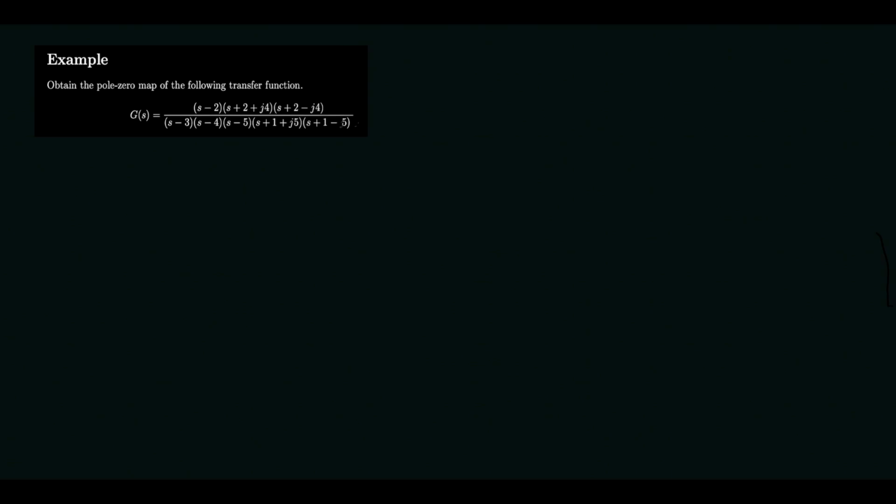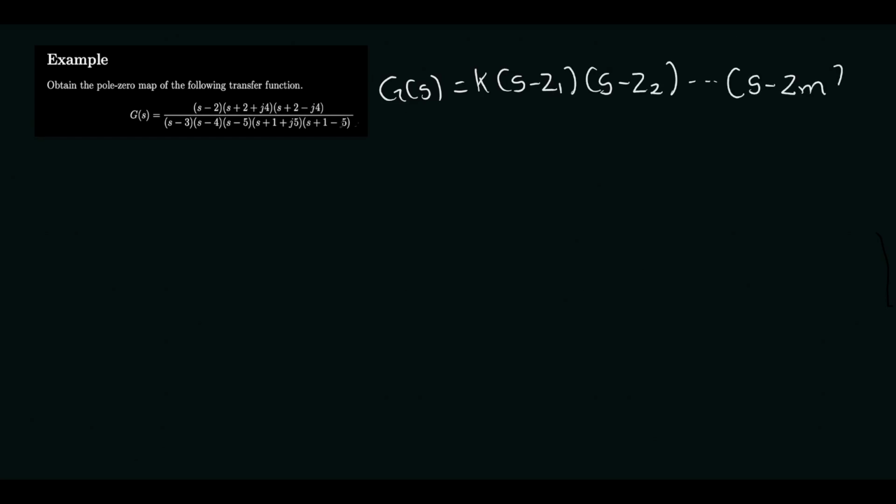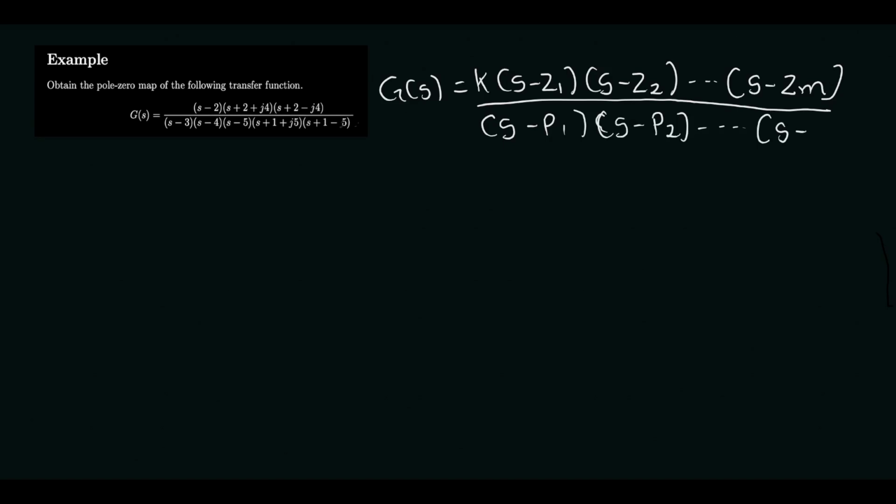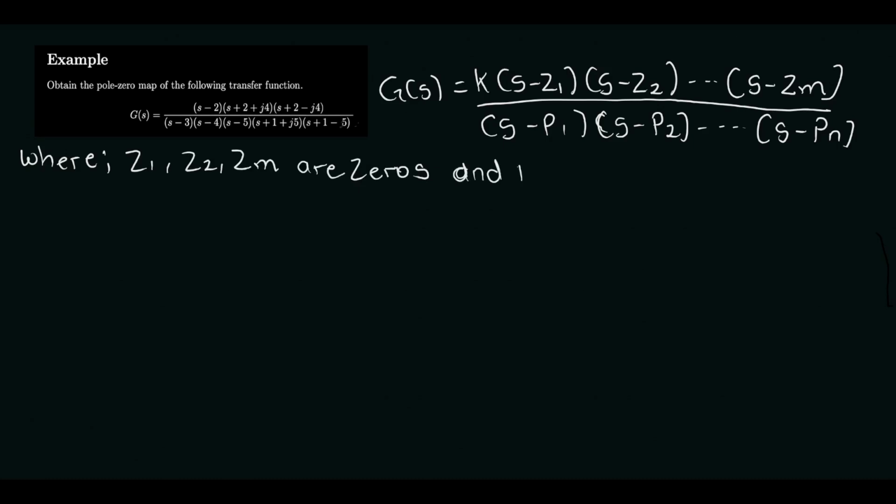So first we have to know that the general form of a transfer function G of s equals K times (s minus z1)(s minus z2) up to (s minus zn), over (s minus p1)(s minus p2) up to (s minus pn), where z1, z2, zn are zeros, and p1, p2, pn are poles.